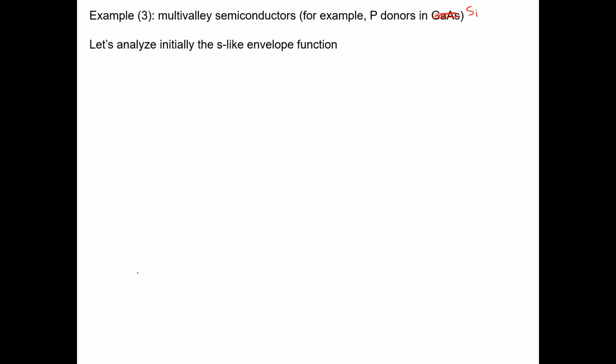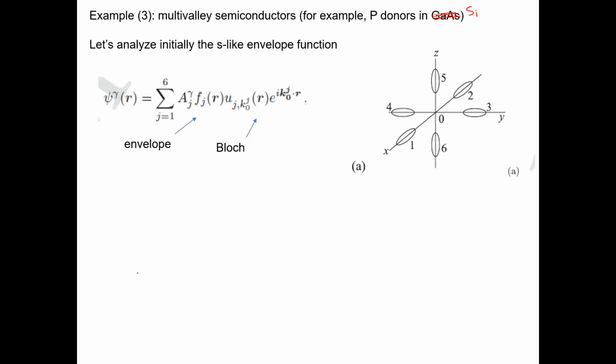Okay, so let's analyze initially what happens to an S-like envelope function in this case. So now we have to be more careful and write the full wave function as a product of an envelope part, and a Bloch component.